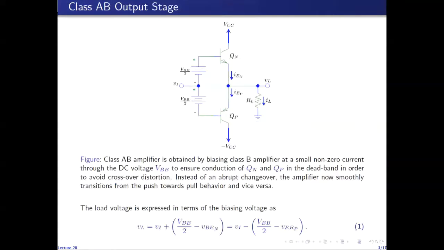Right at the instant at which this happens, before the change in conduction of the two transistors, this voltage is still 0. So this new base voltage appears across the base emitter junction of Qn, and this new base voltage appears across the base emitter junction of QP, because this is still 0, or you can consider it at ground, before the change in conduction of Qn and QP.